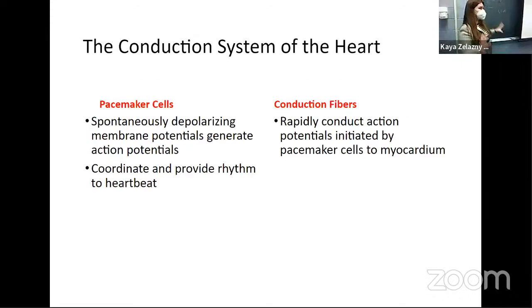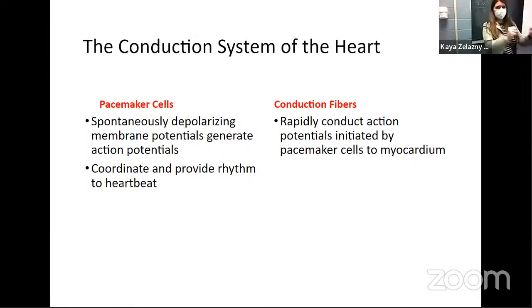So there are a couple differences between these two cell types. They are both going to be responsible for carrying current, but really the current is coming from pacemaker cells and then mainly traveling through the conduction fibers. Although in case of emergency, some of the conduction fibers could create a pacemaker.